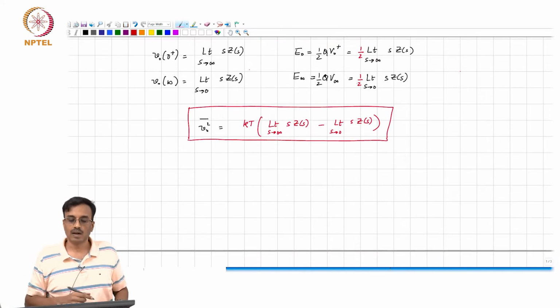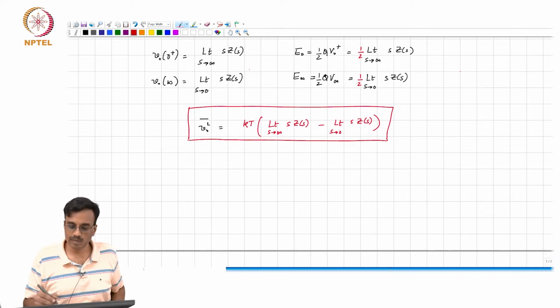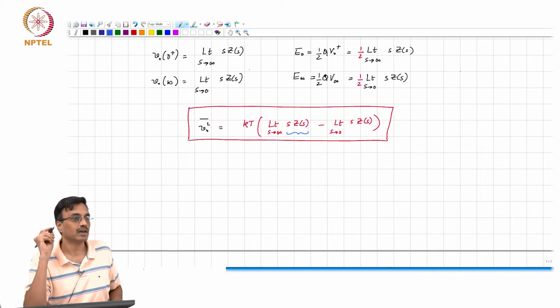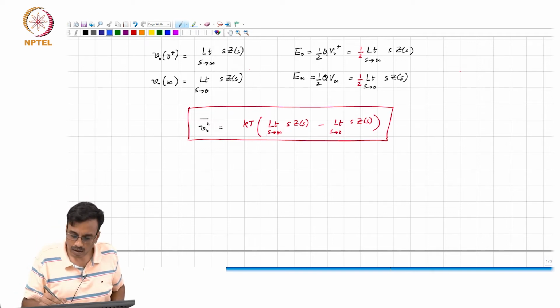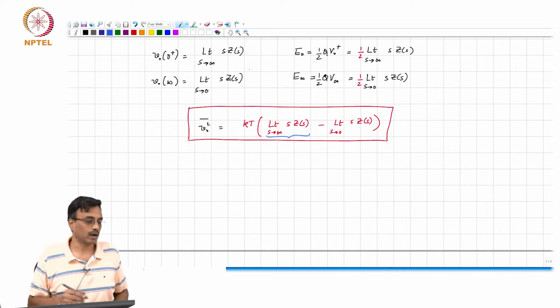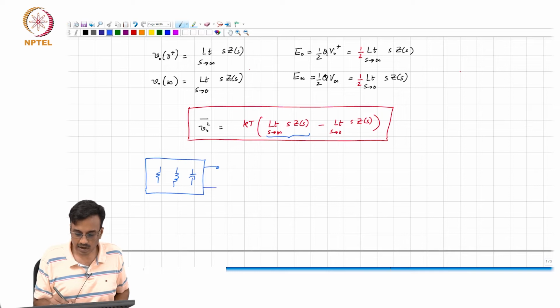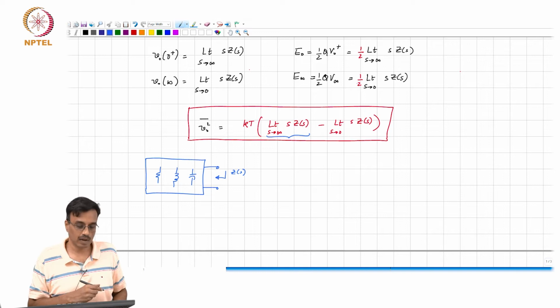Now, it turns out that there is a simple way of interpreting this s times Z of s as s tends to infinity. Remember, let us say you have a network, and let us say the input impedance was some Z of s.